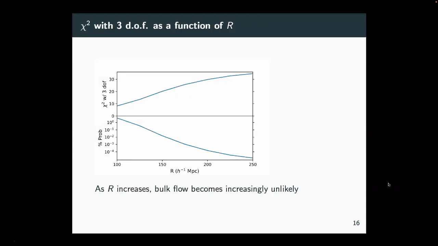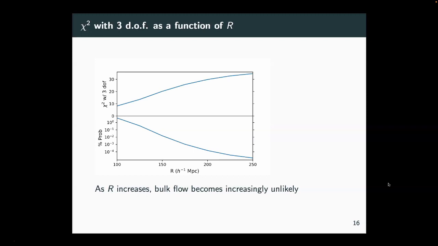And you see that as R increases, the bulk flow becomes increasingly unlikely. So this is a probability on a logarithmic scale. Notice that the probability is going down with distance, and this means that people often talk about the bulk flow, but there is no single bulk flow. The bulk flow is a function of radius, and so if you were to analyze a smaller radius volume, you could say that it's consistent with the standard model.